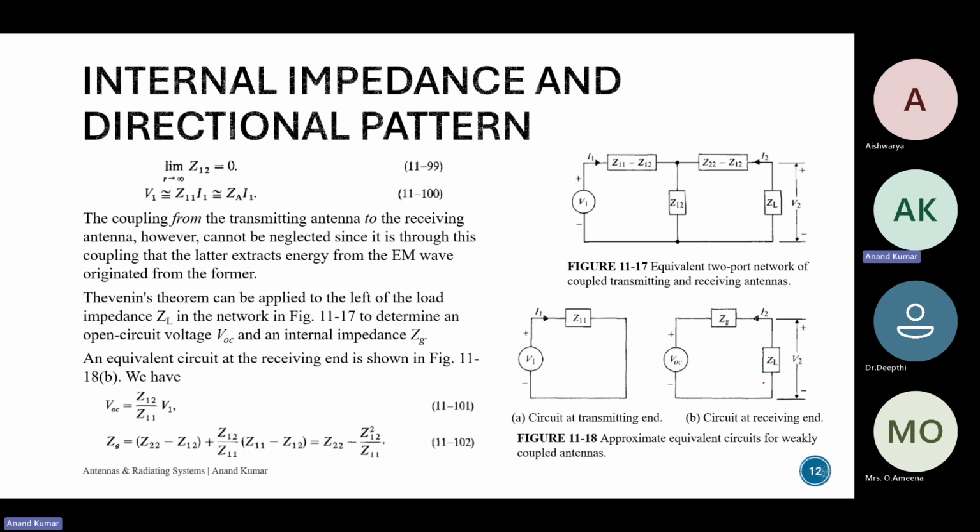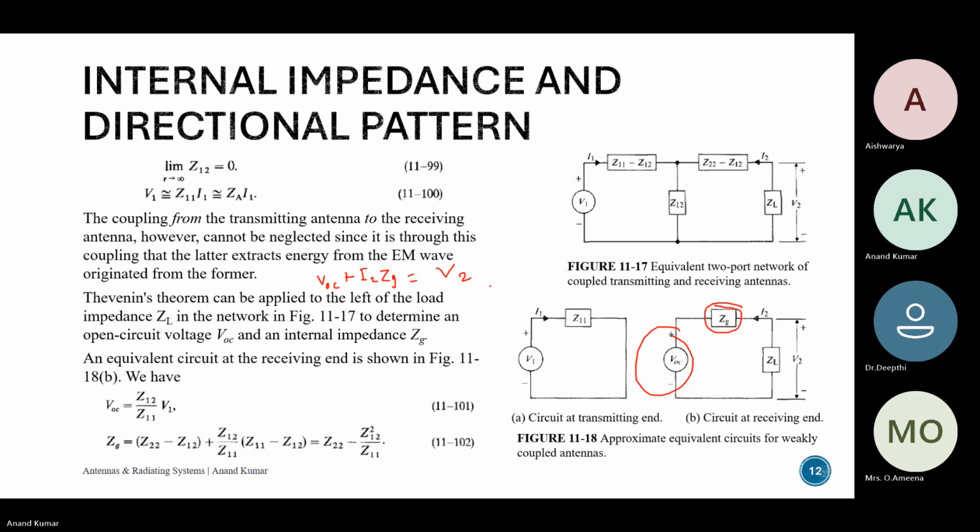Now, from here we can see we have VOC. So this V2 is the excitation over here, and V2 basically kind of reverse charges VOC, and we have some potential drop ZG over here. So VOC plus I2 into ZG is equal to V2.